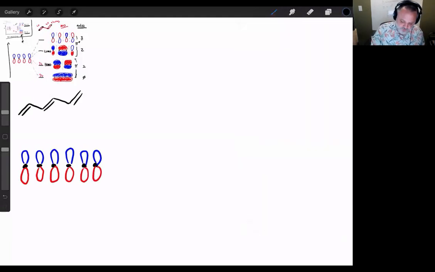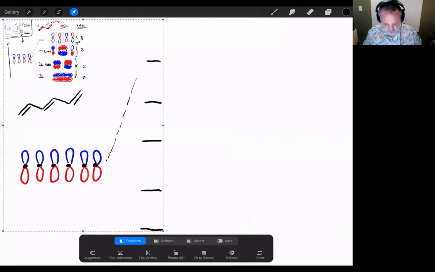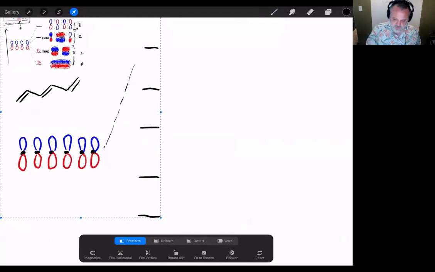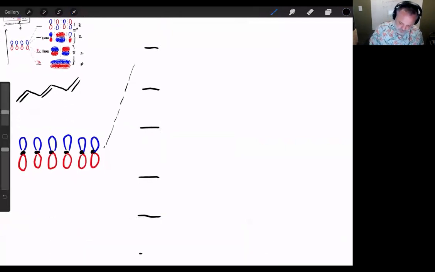So I'm going to go a little bit faster. But at the end of the day, I've got 6 orbitals in. That means I should get 1, 2, 3, 4, 5, and I'm just going to move it up just a little bit. I should get 6 orbitals out. 1, 2, 3, 4, 5, 6.